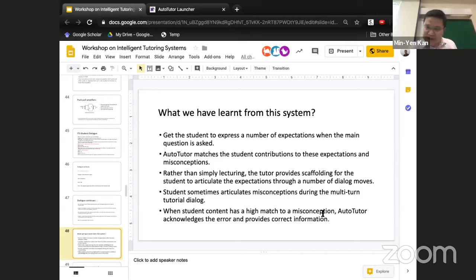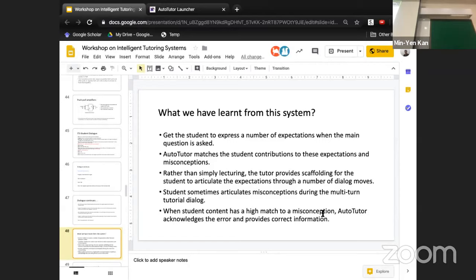So this is what we have learned from this system. We can get the student to express a level of expectations when the main question is asked. The main way is that the machine is able to analyze the student input and match it with the so-called student model.